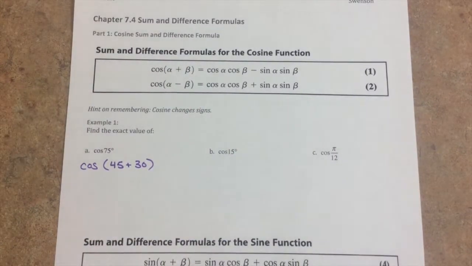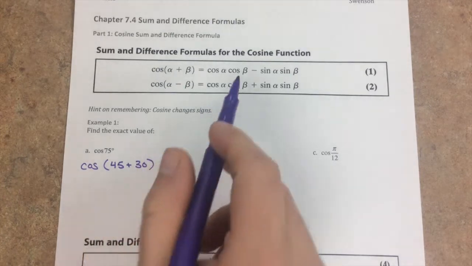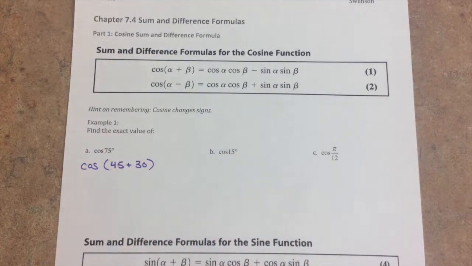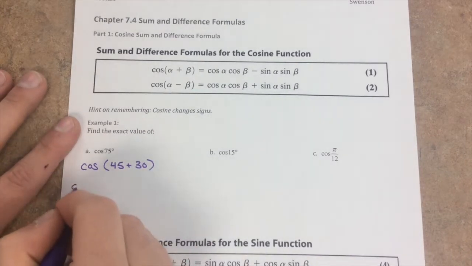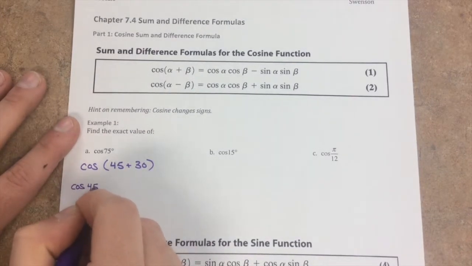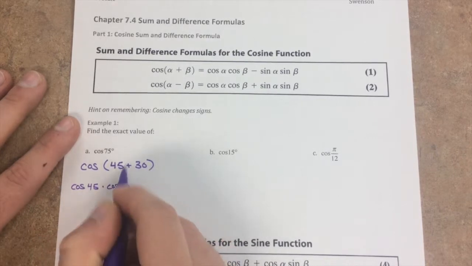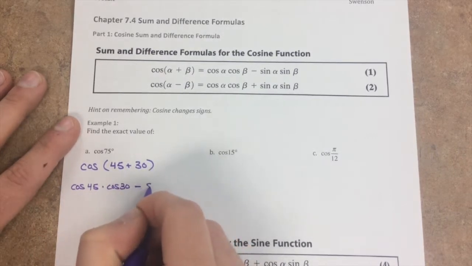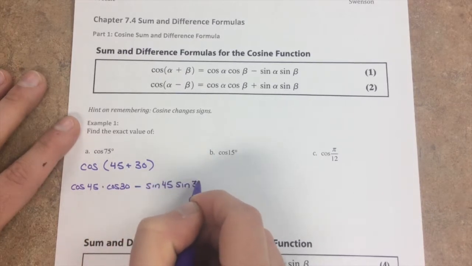Now that we have two different angle measures, this is the sum of two things, so we can use the sum formula for cosine. So it would be cosine 45 times cosine 30. Cosine changes, so minus sine 45 sine 30.